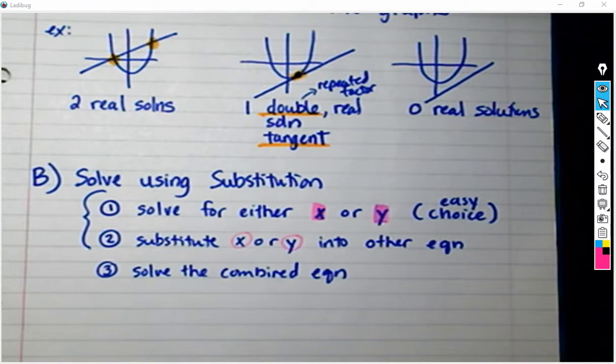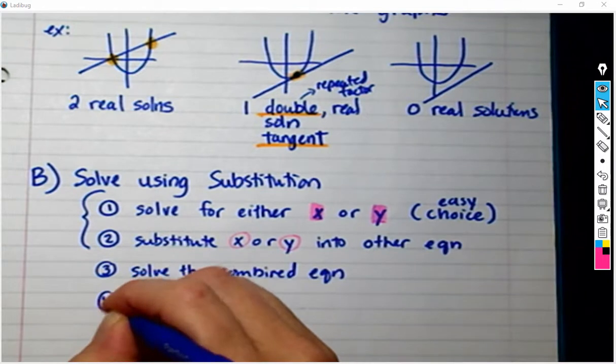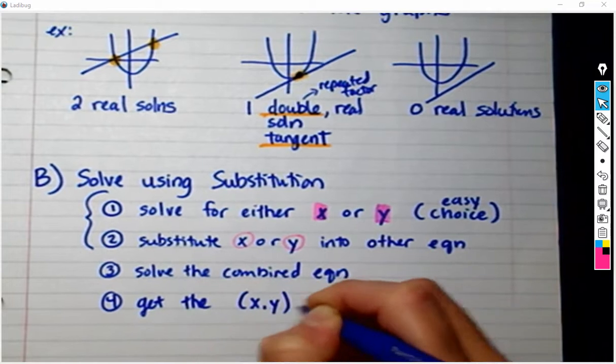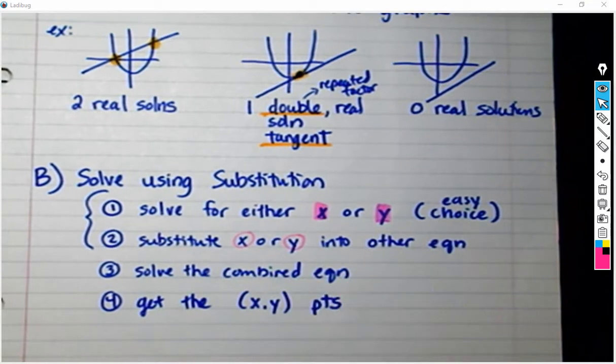Isolate factor, complete the square. All of the solving is what we already learned. Okay? Get the x comma y points. Okay. I have to turn the page, so make sure you have it written down first.